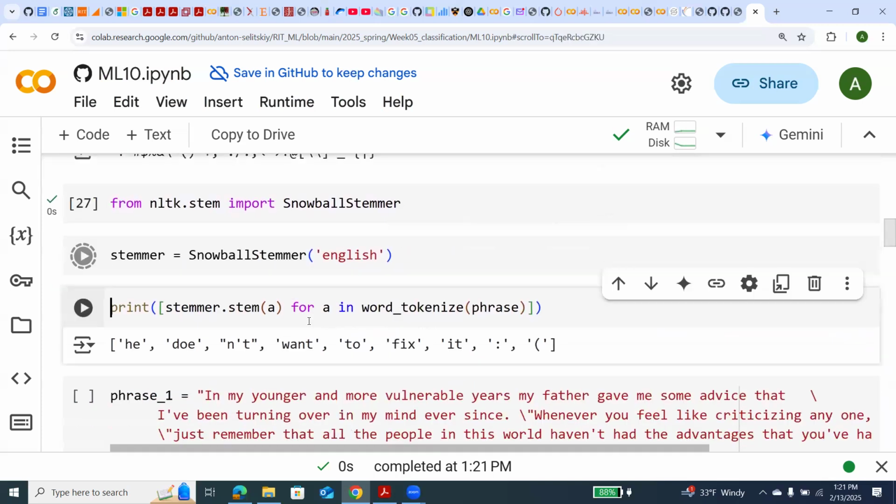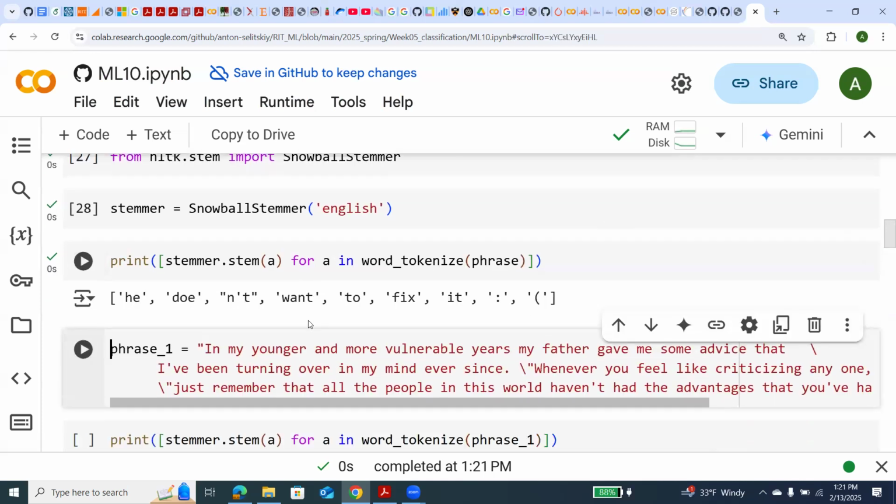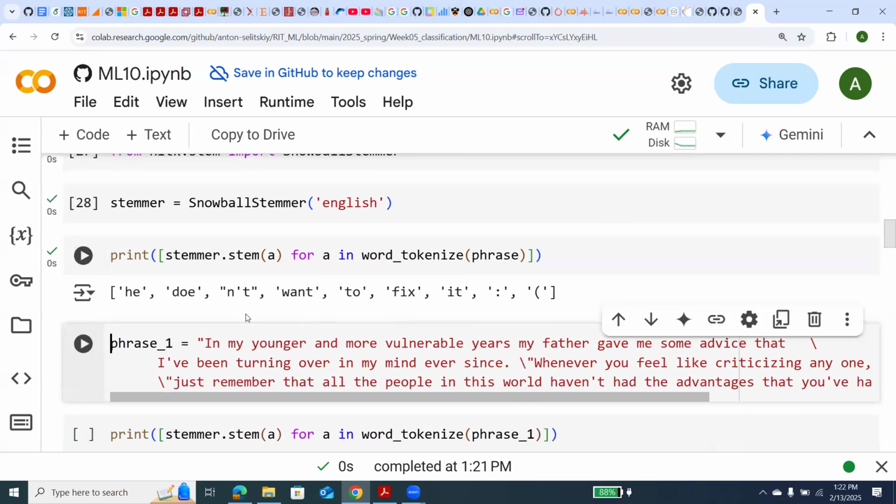But if we create a dictionary of all the words, they will just increase the size of our dictionary. Stemmer will apply stemming. So for example, instead of does, it just leaves this strange word, because it can be a deer, it can be a verb.